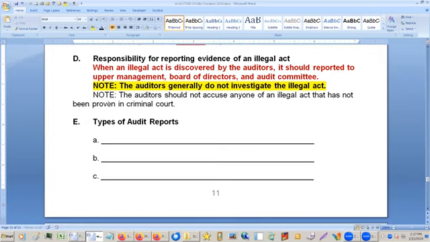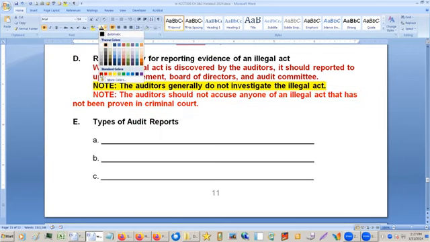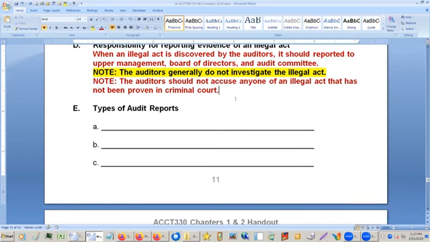The editor should not accuse anyone of an illegal act that has not been proven in a criminal court. This can lead to a civil lawsuit for slander.